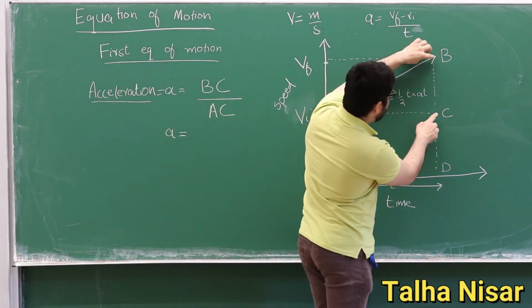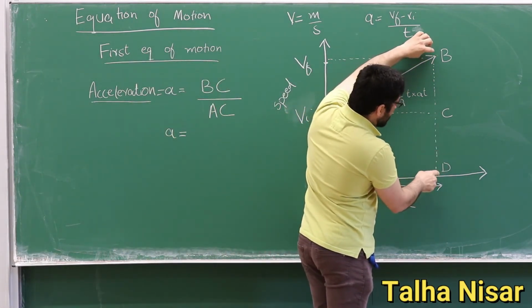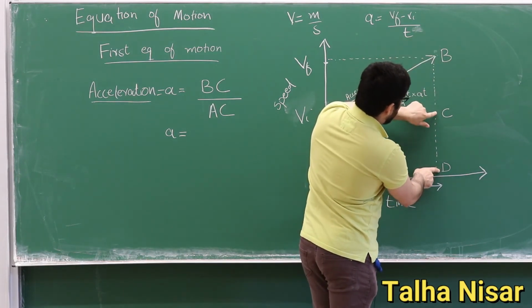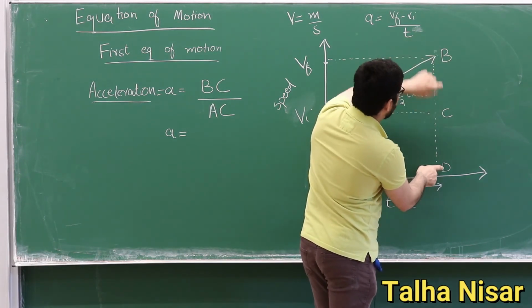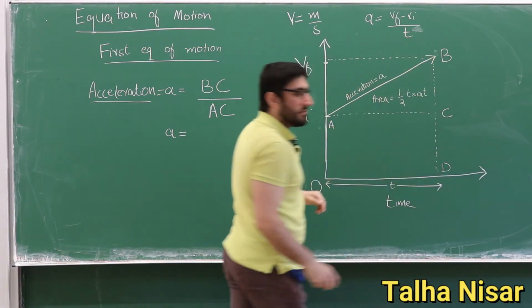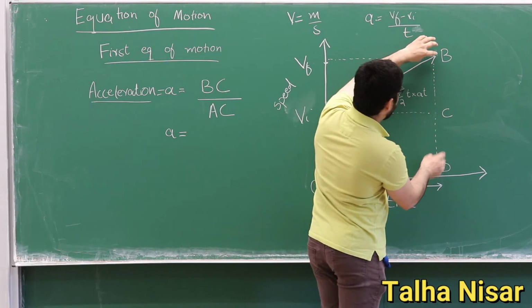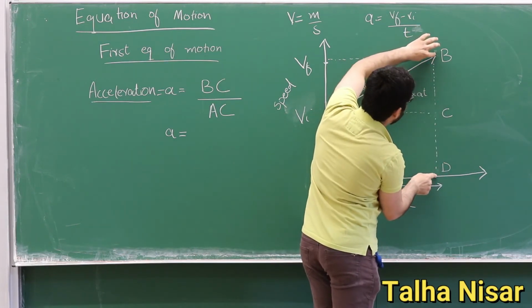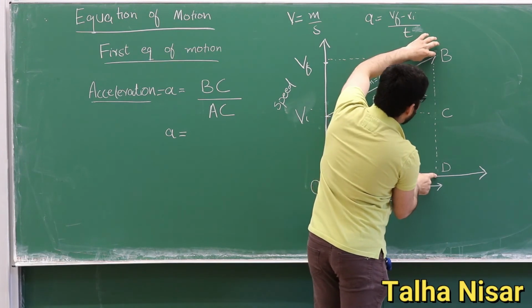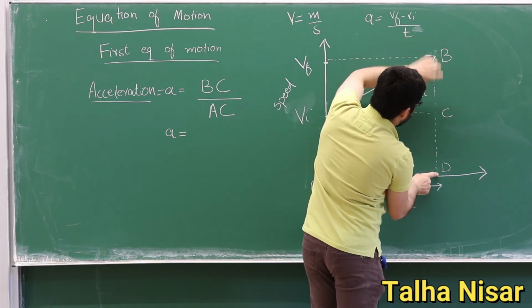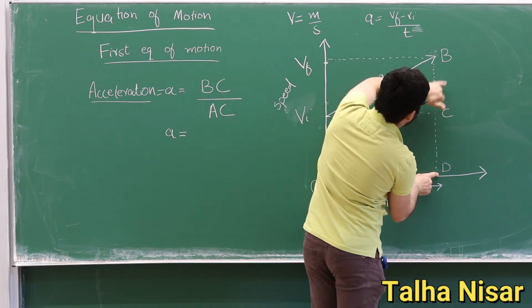BC is BD minus CD. BD is the complete line from this point to this point, and if we subtract this part, CD, we get BC.